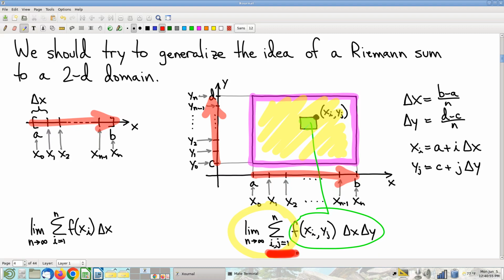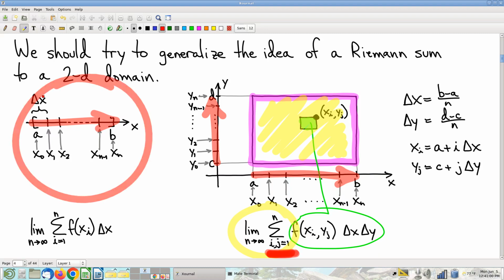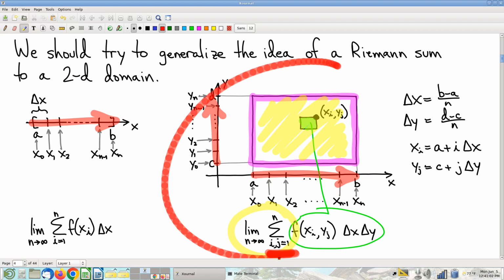I therefore have n squared separate little pieces that I'm adding up, not just n pieces like here. Taking the problem, chopping it into little pieces, and adding up the answers over all of those little pieces gives us the whole. That's going to be our strategy. This is our two-dimensional analog of a single variable integral. What do you think? Does the big picture seem like a reasonable thing?